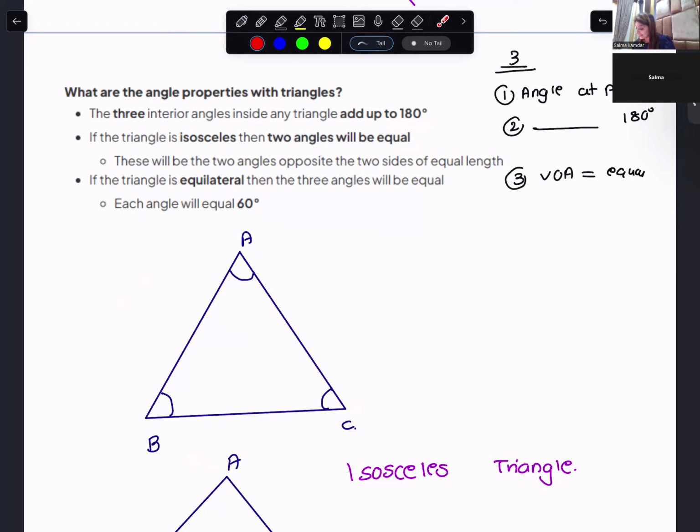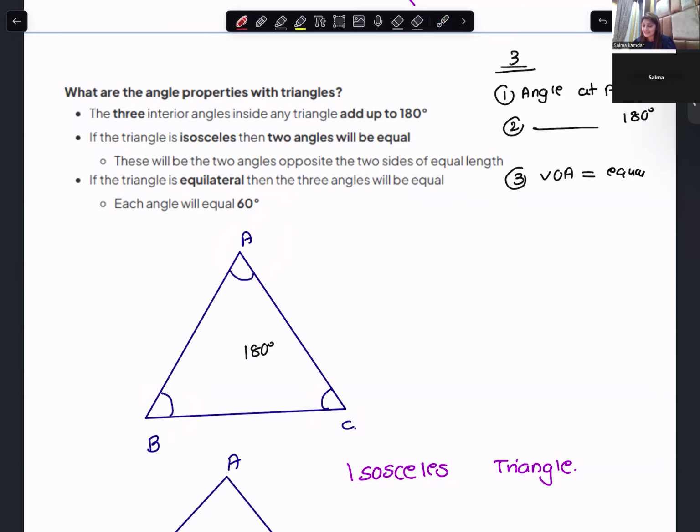The interior angles, that means inside the figure, these are the three interior angles of the triangle. They sum up to become how much? 180 degrees. So I would say the three interior angles sum up together to form 180 degrees. Interior angles are angles that are inside the triangle. So angle A plus angle B plus angle C is 180 degrees.